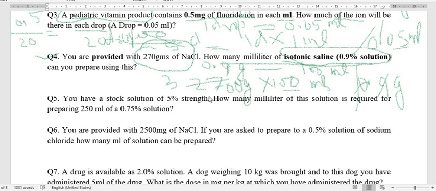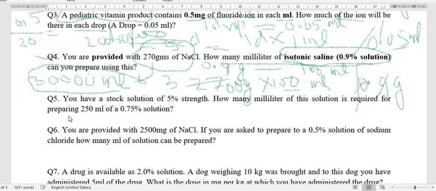So now the total is 3 and the number of zeros is 4: 1 0, 2 0, 3 0, 4 0. This is in ml. This much ml you have to prepare by using 270 grams of NaCl. So this is the answer.